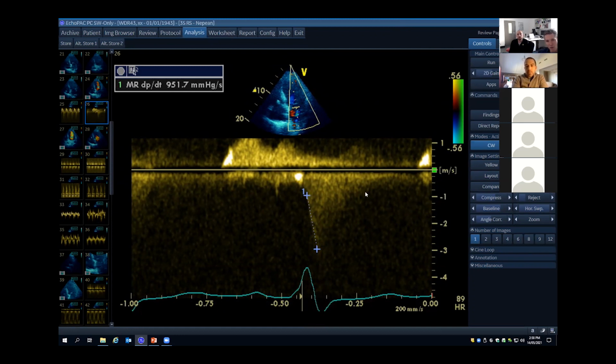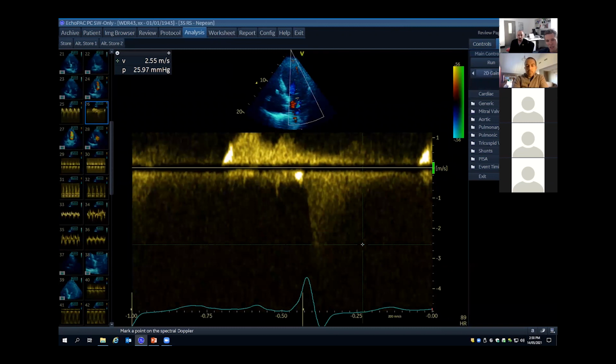But just for those of you who haven't done it before, when you're measuring it, you've got to make sure that the sweep speed is super fast like this, like 200 millimeters per second, so that you can make this measurement. I measure it by staying at 1 meter per second over here, and it's the pressure difference starting from there.